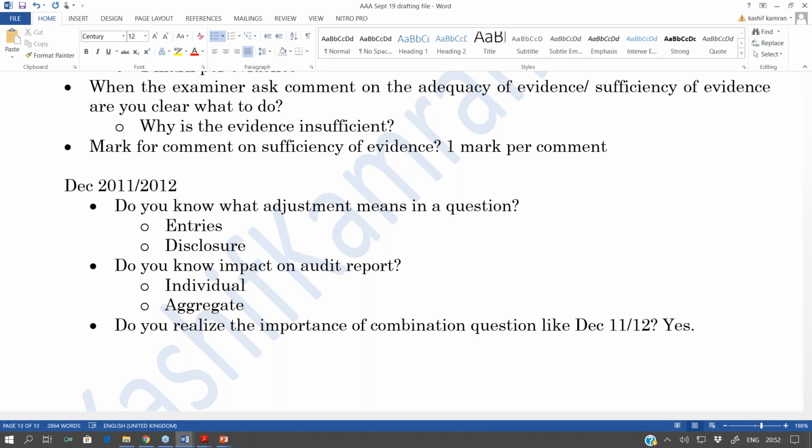Firstly, there is a question from a student asking how to polish our accounting standards knowledge for AAA exams, as I am taking exams after a very long time.